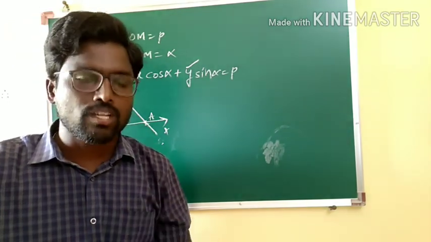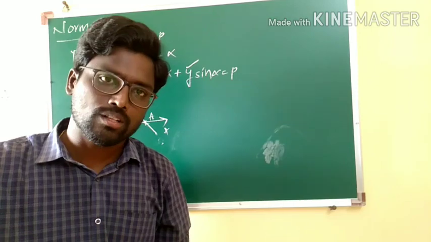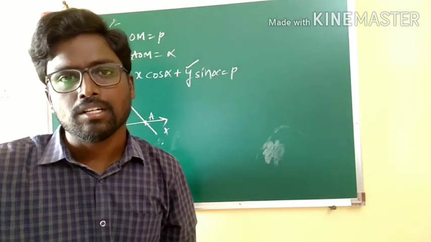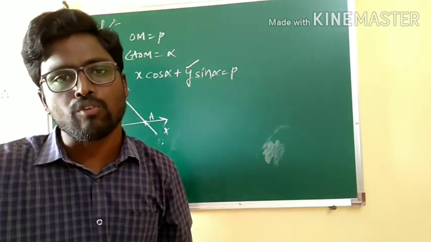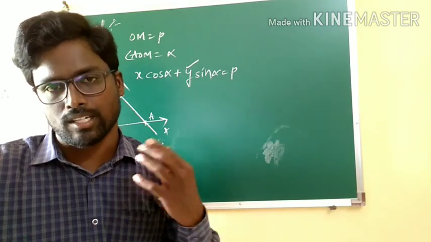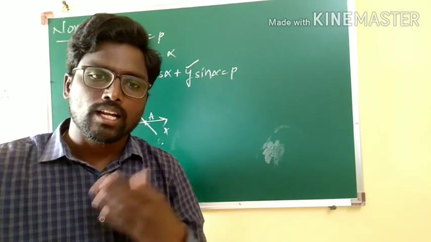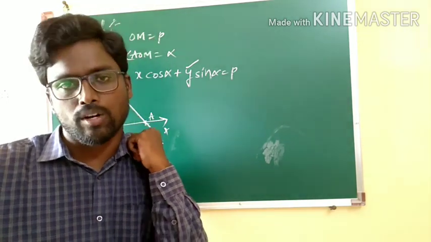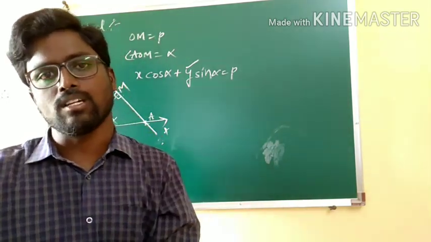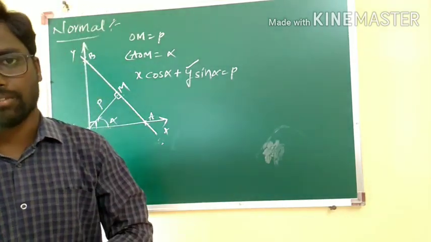And then we discussed the line passing through the origin, that is y is equal to mx, which is also called slope form. The first one was the general form, then slope intercept form, then slope form, and then point and slope form, y minus y1 is equal to m into x minus x1.